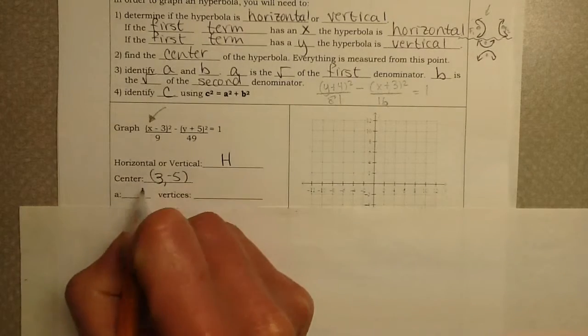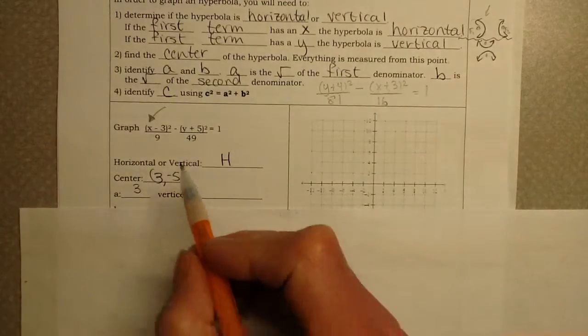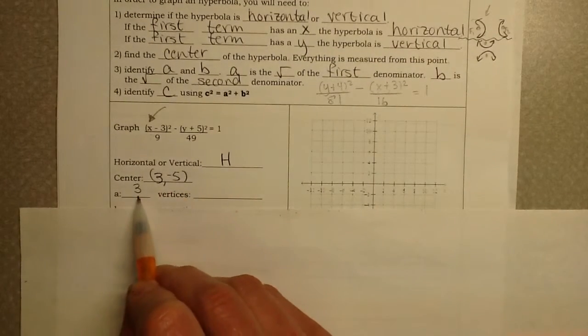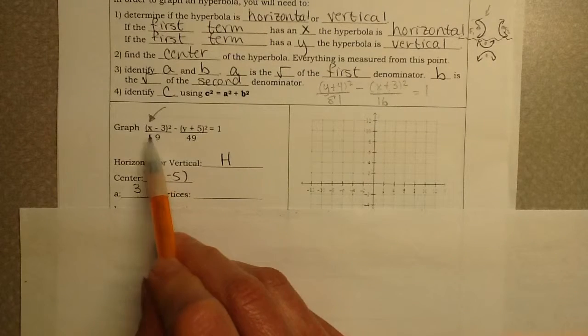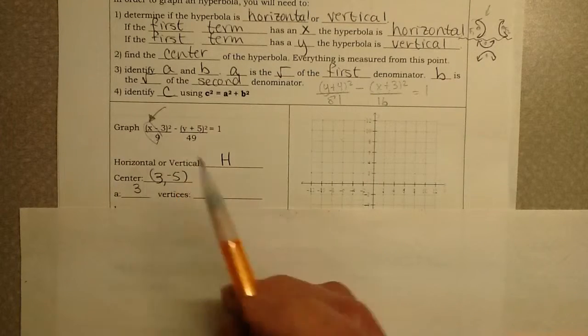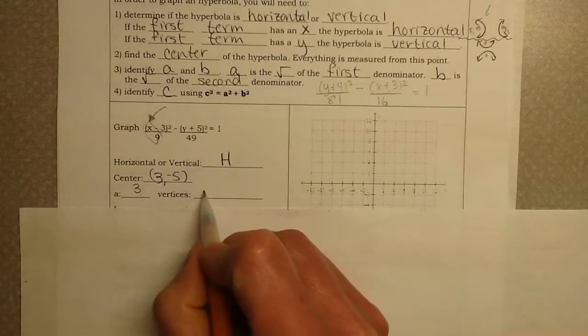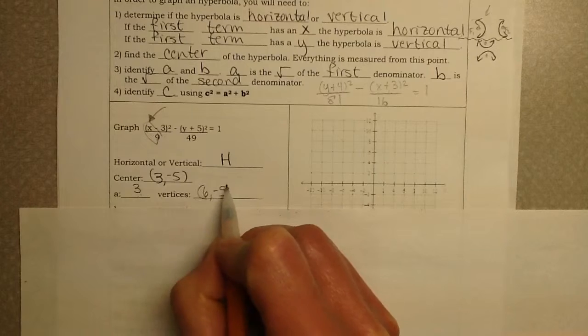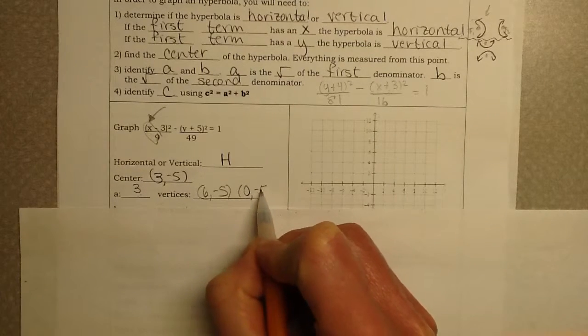So here A is 3. Now again, on an ellipse, A was the largest, but with a hyperbola, A is the first one. So we're going to add and subtract 3 from the x-coordinate. If we add 3, we get 6, -5. If we subtract 3, we get 0, -5.